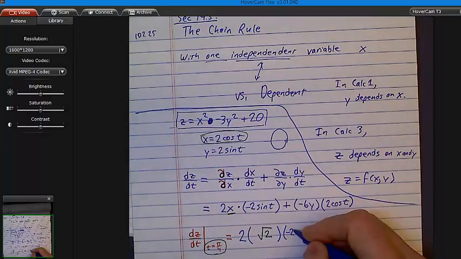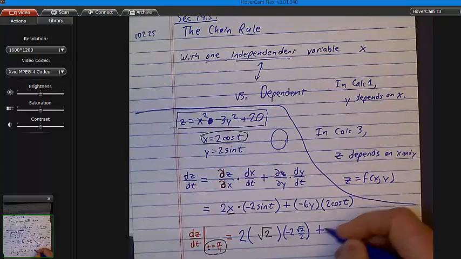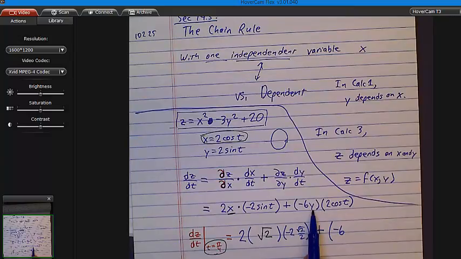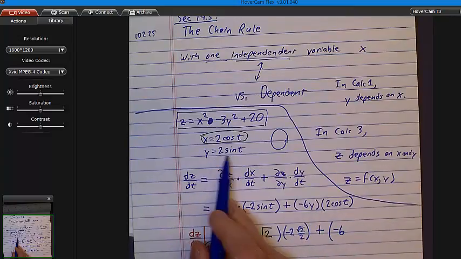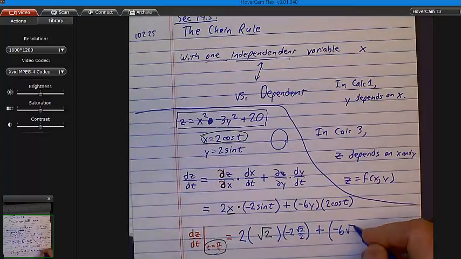Yeah, radical 2 over 2. So they were really nice to me. Okay? Plus, here I have negative 6 times y. This is 2 times radical 2 over 2, so radical 2, times 2 times radical 2 over 2.